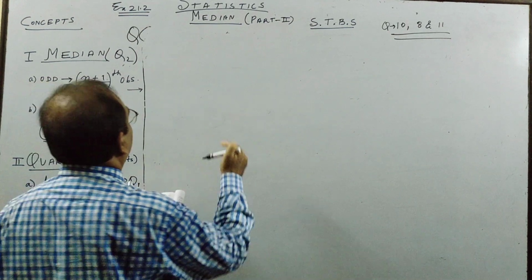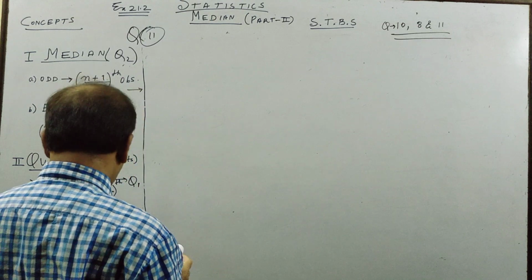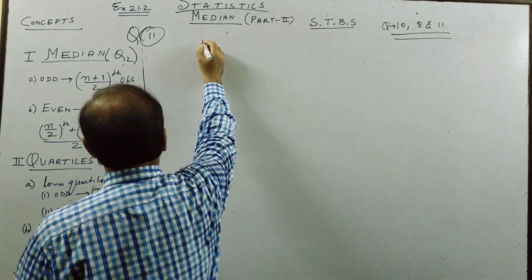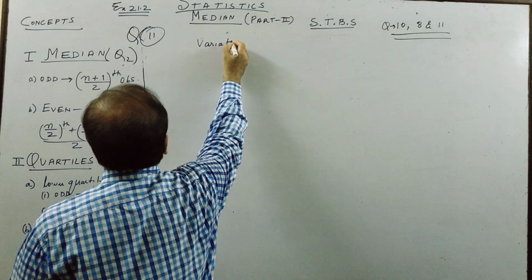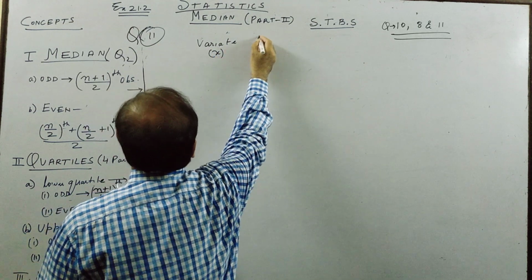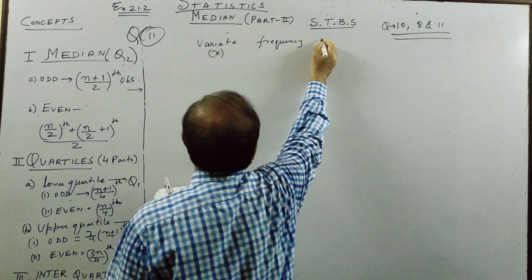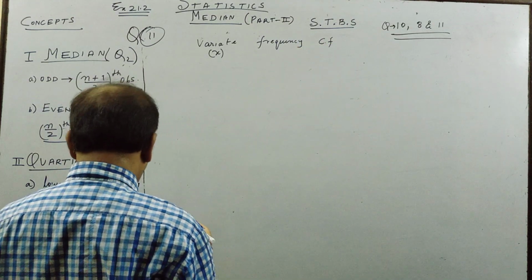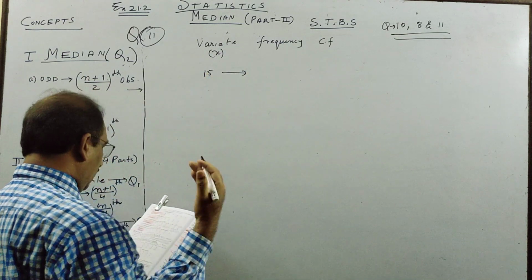So question number 11, the last question we have, we first make x, the variate, sometimes we call it x, frequency, then CF. Okay, so here we have 15. This is, I think, already arranged.